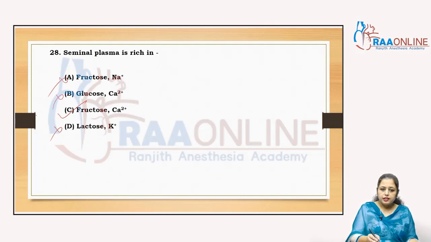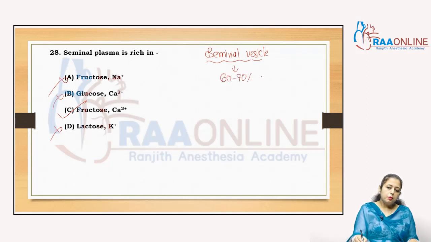And we know that the seminal vesicle secretes the seminal plasma, and it forms 60 to 70% part of the semen.